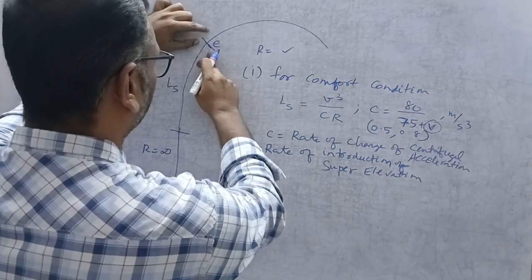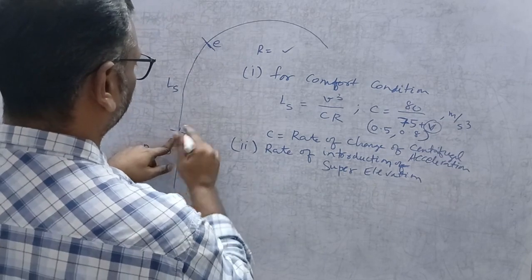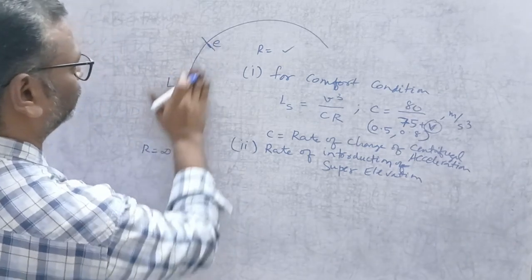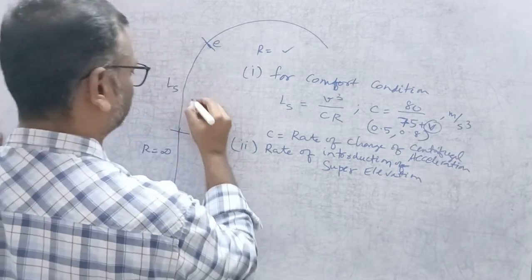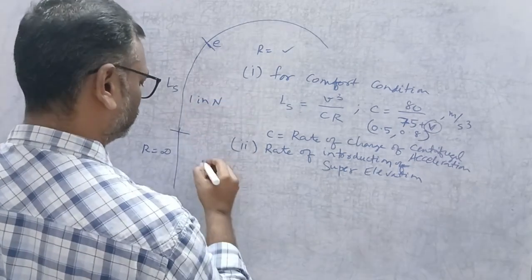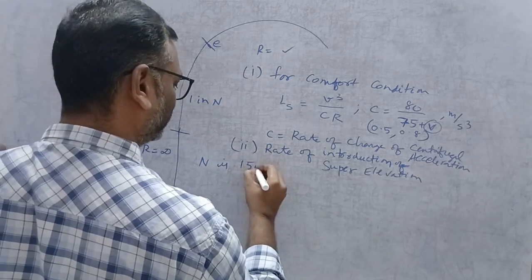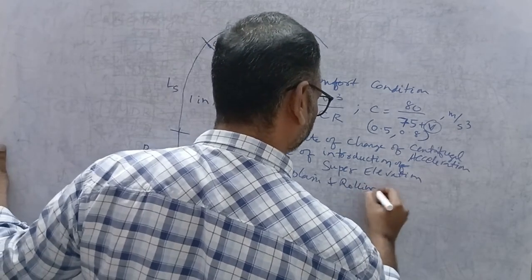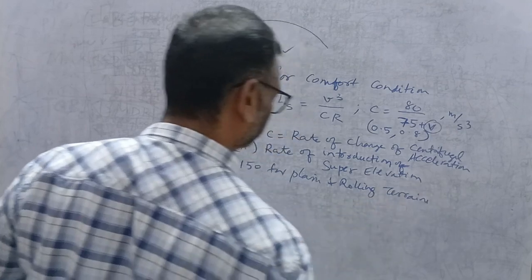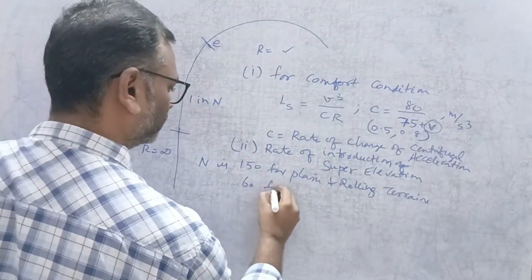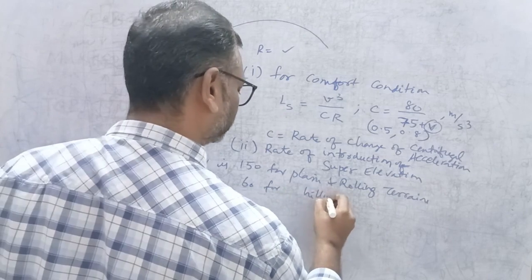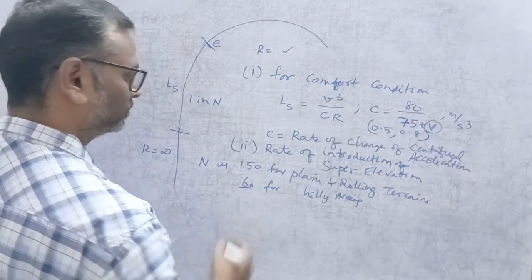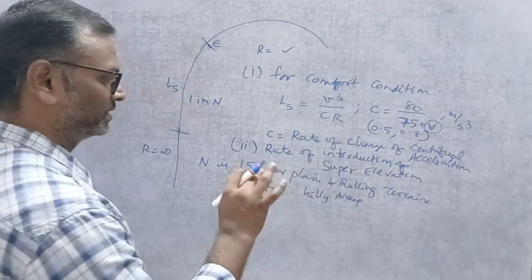We have superelevation here, and here the road is straight, and there is a smooth introduction of superelevation. Let us say 1 in n. This n is 150 for plain and rolling terrains, 60 for hilly areas, and 100 for mountainous areas.